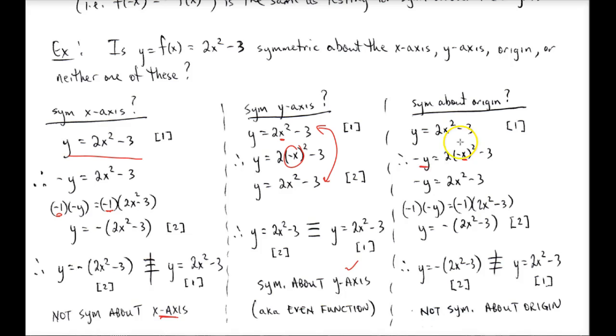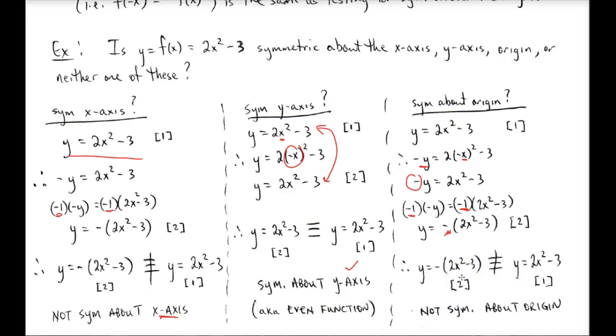And then of course for the origin, you can see when we work it out that same deal here, we end up with negative y right there, multiply both sides by -1 to see if we can get the original function back again. And unfortunately we got the negative of the original function back again. So we know that it is not symmetric about the origin.